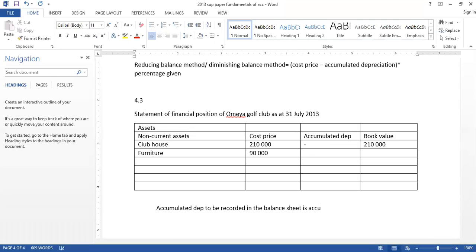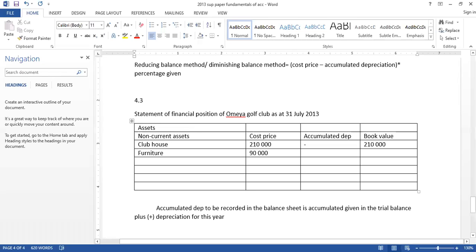So the accumulated depreciation to be recorded is the accumulated depreciation given in the trial balance, and then you add the depreciation calculated for this year.